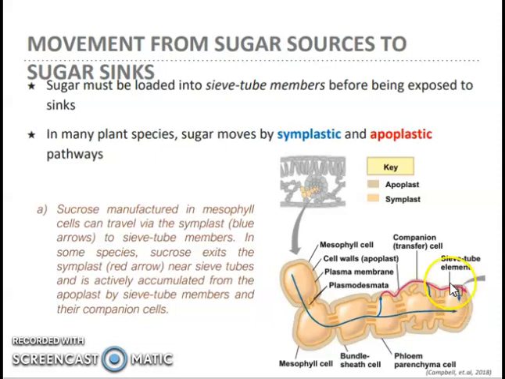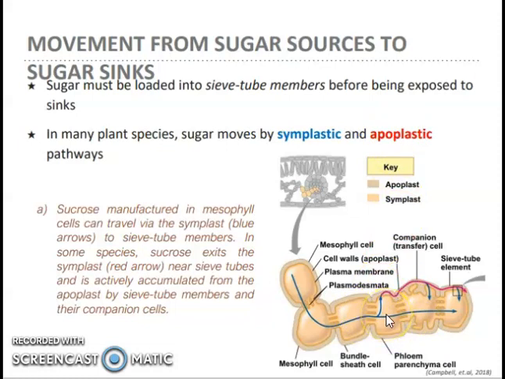In some species of plant, the sucrose molecule manufactured inside the mesophyll cell passes through the phloem parenchyma cell, and then takes another pathway before being transported to the sieve element. This pathway is called the apoplastic pathway.